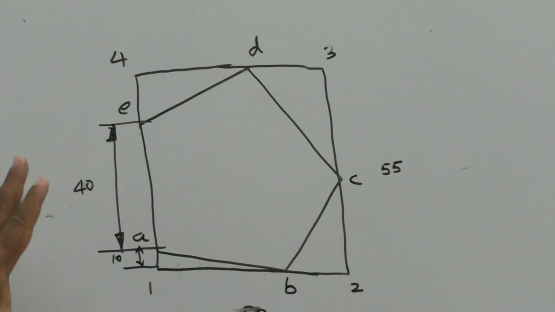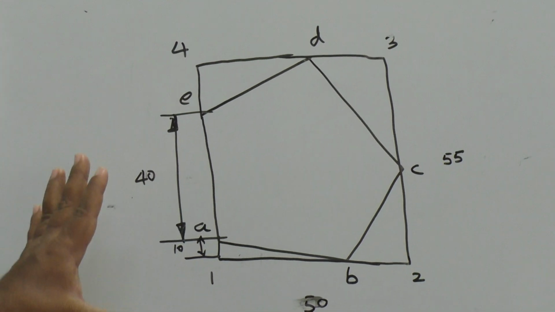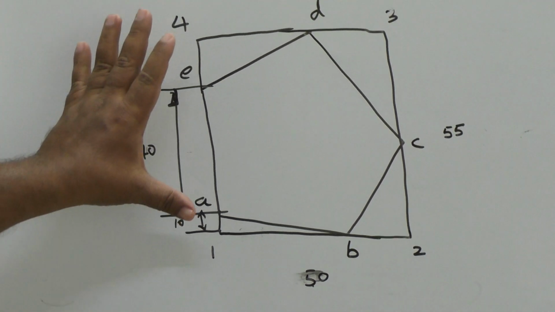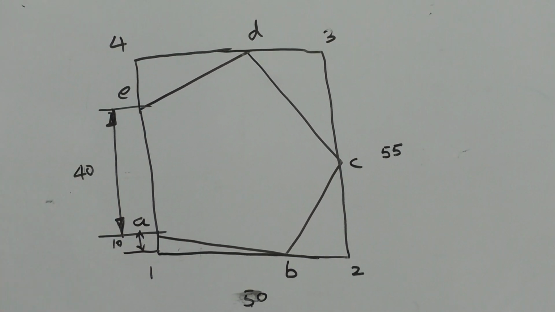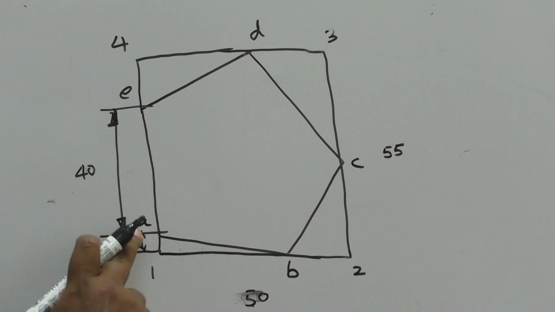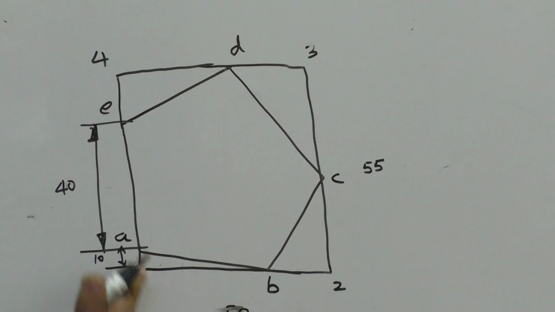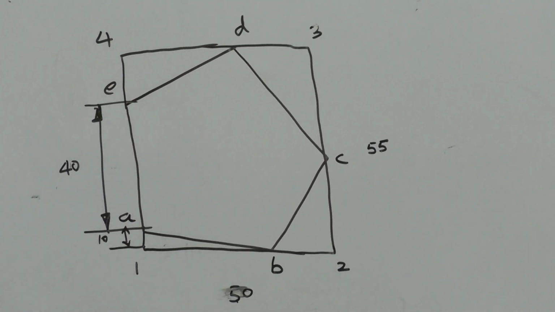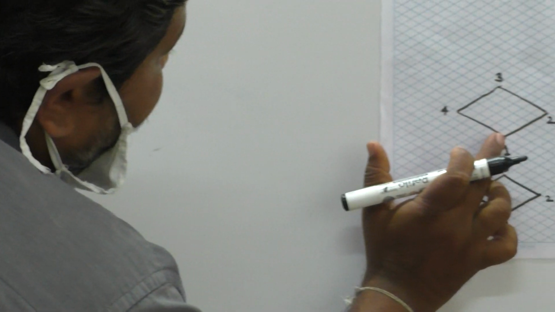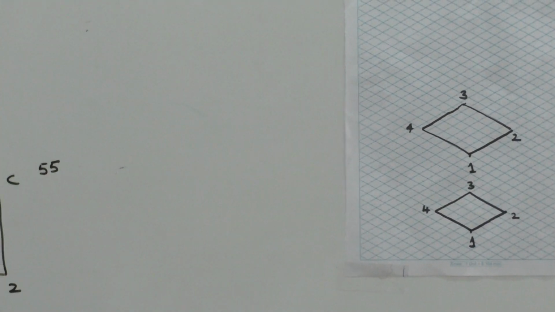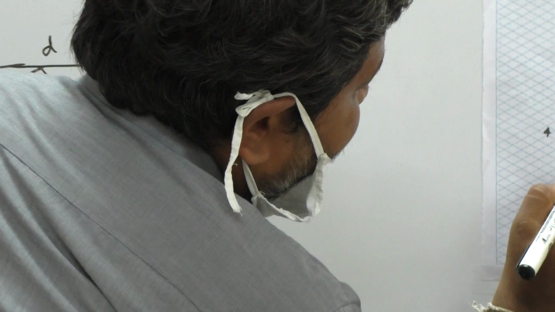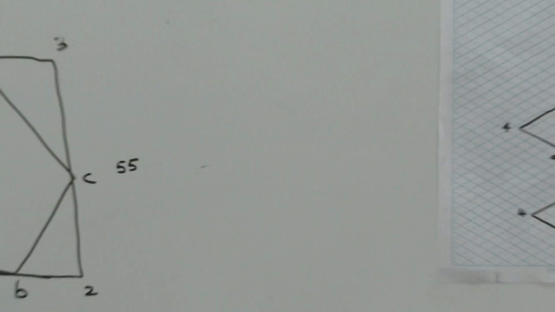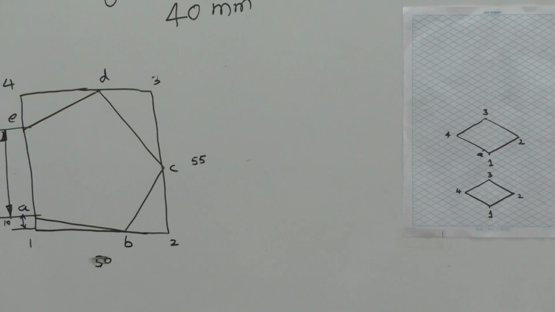Approximately I am taking the value, but you have to take the actual value to the scale. A is lying on the side 1 to 4, so in between 1 to 4 I have to take the corner A. So this is my corner A of the pentagonal lamina.